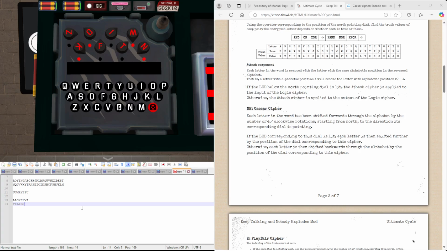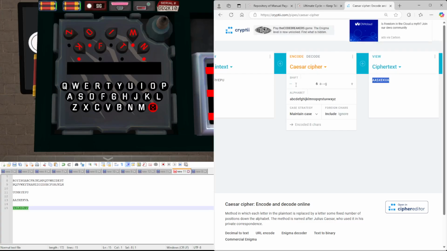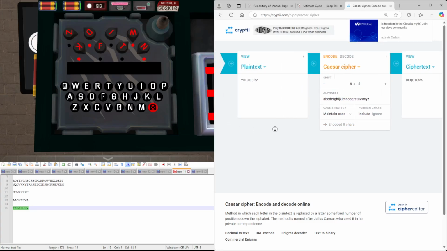So R, and then 1 minus 5 plus 26 is V. And then we're doing the same again. In this case, now shifting forwards by 5.